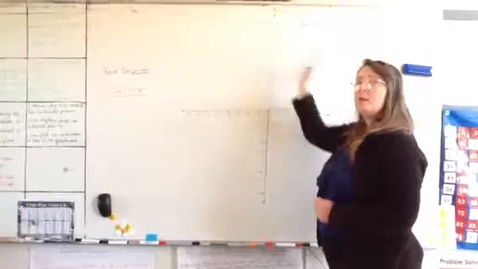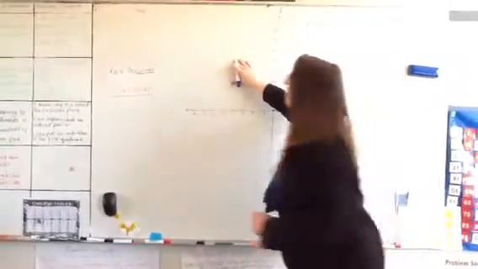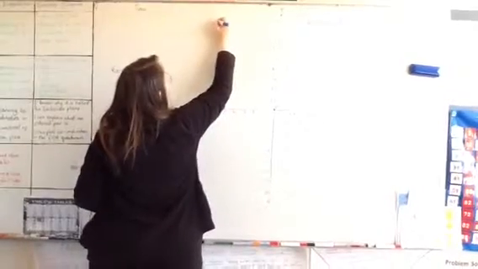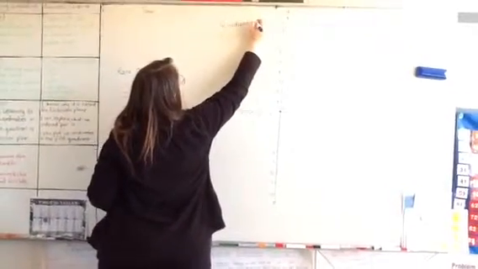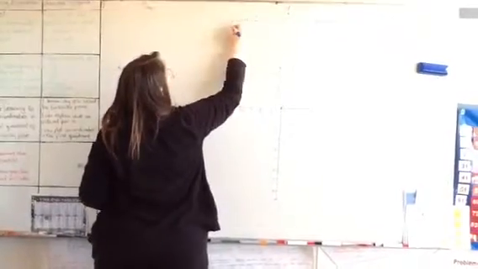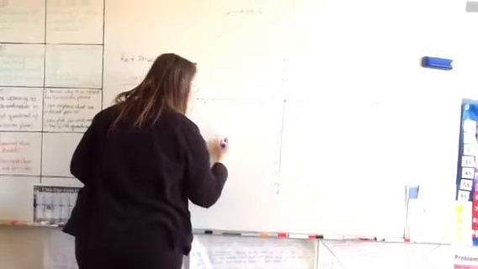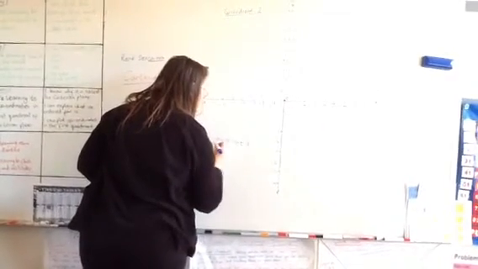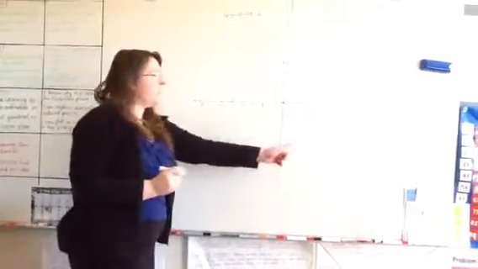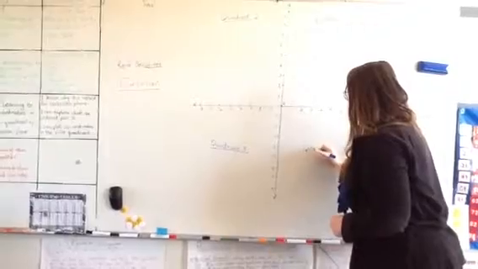This one here, we're going anti-clockwise, is the second quadrant. So we'll call that quadrant 2. This one here is quadrant 3, or the third quadrant. And this one here is quadrant 4, or the fourth quadrant.